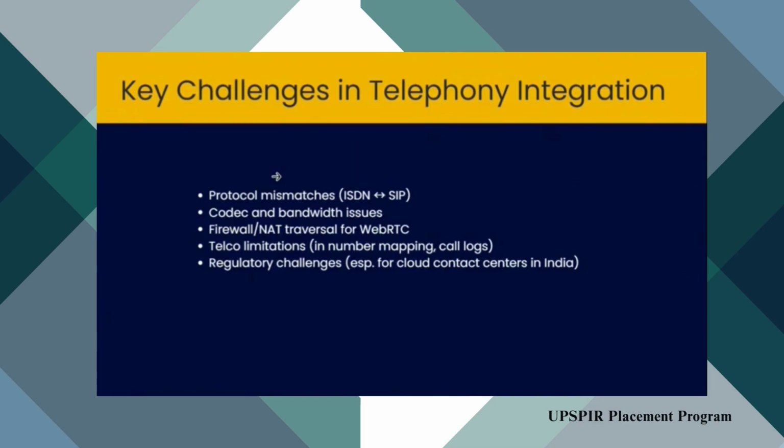Firewall and NAT can cause a lot of problems, especially in case of WebRTC, so whatever standard configurations are required must be in place. At times, the telco might have problems, and then there are regulatory challenges.